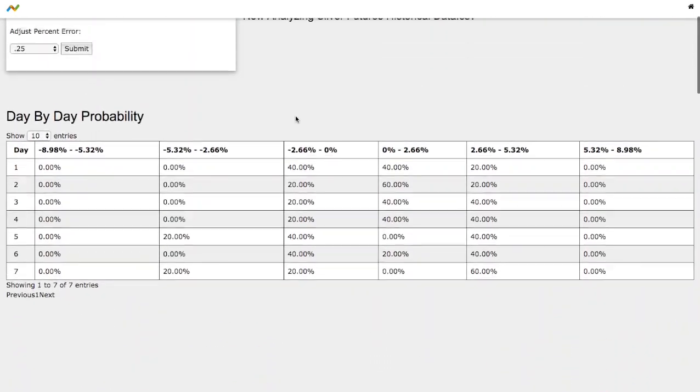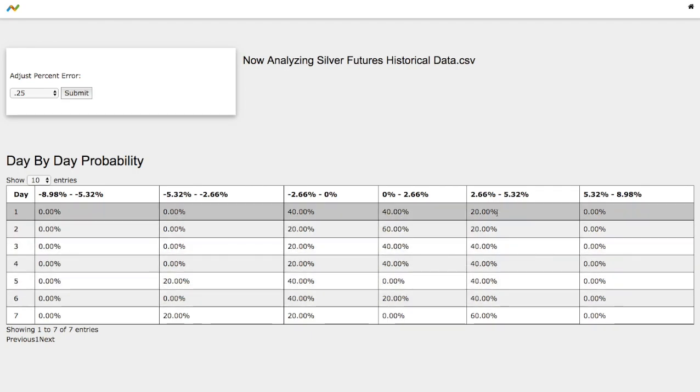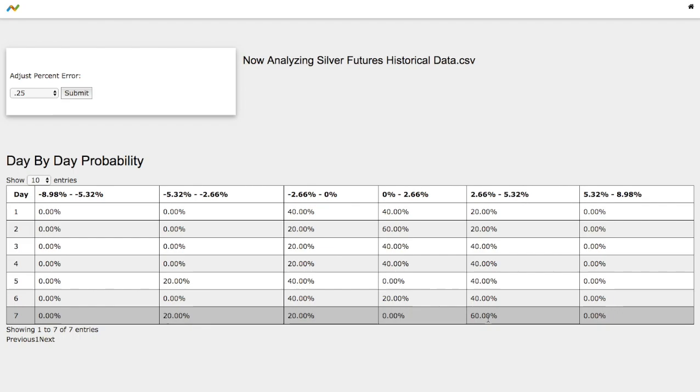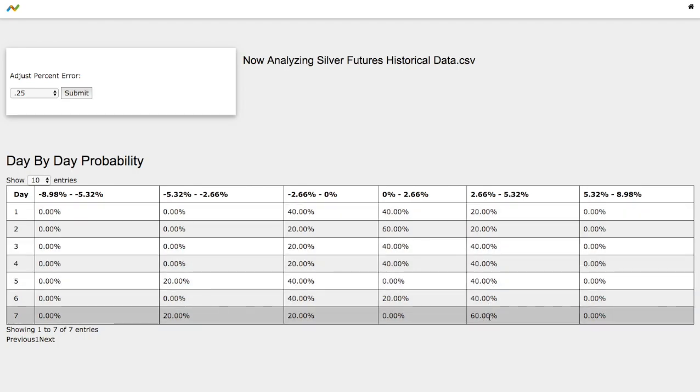So what we have here on the 7th day, if we progress throughout the days, we see a tight concentration between one standard deviation down and one standard deviation up. And on the extreme case, for the 7th day, we see a 60% chance that we may head higher, 2 to 5%, which is up 2 standard deviations from the norm.